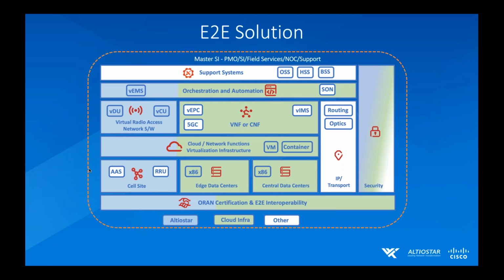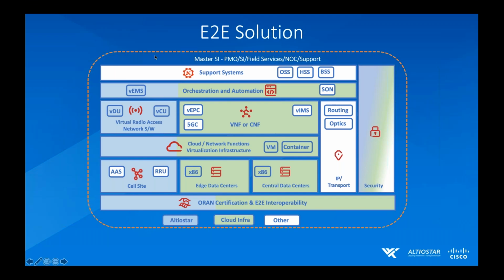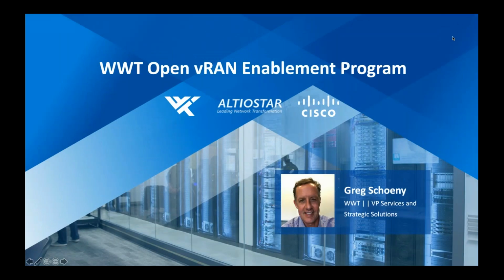Now the big question we get is, there's so many pieces: there's RAN, there's cloud, there's data centers. How do we bring this all together? This is where you have the ability to use a master system integrator that can tie this all together. And at this point, I'd like to hand it over to WWT, who can talk about how they can help with this transition. So Greg, over to you.